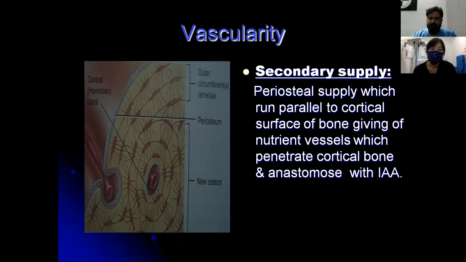So two supplies are there: first the inferior alveolar artery and then the periosteal supply. We're talking about the mandible. The maxilla is rich in blood supply, so we need not worry about osteomyelitis. It's very rare in the maxilla, but in the mandible, yes, it resembles a long bone, so it happens in the mandible.